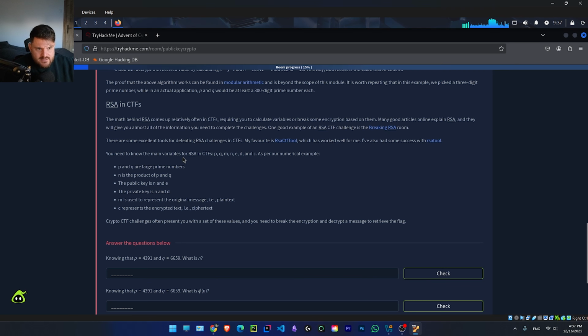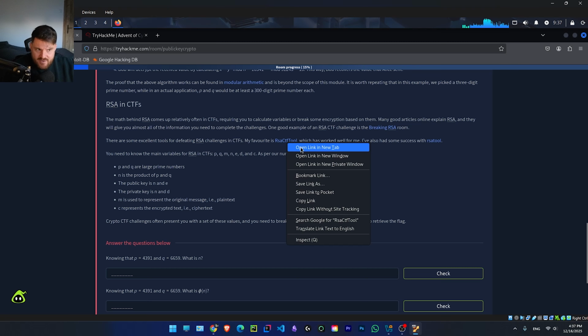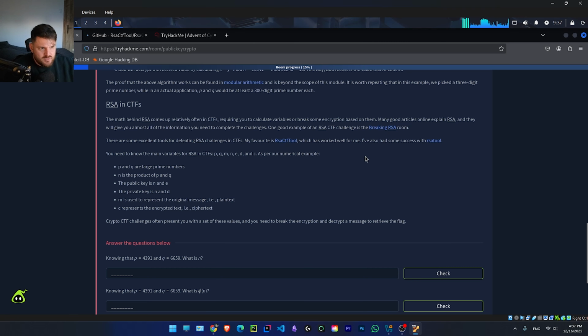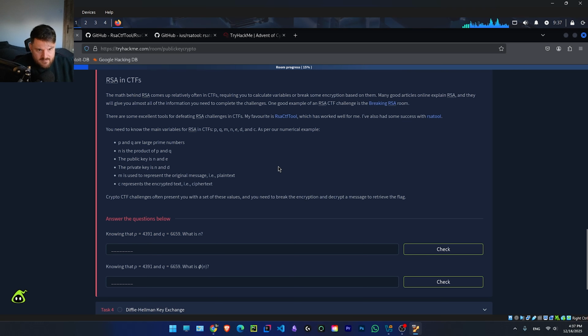There are some excellent tools for defeating RSA challenges in CTFs. My favorite is RSA CTF Tool, which has worked very well for me. I also had some success with RsaTool. You need to know the main variables for RSA in CTFs: p, q, m, n, e, d, and c. As per our numerical example, p and q are large prime numbers. n is the product of p and q.